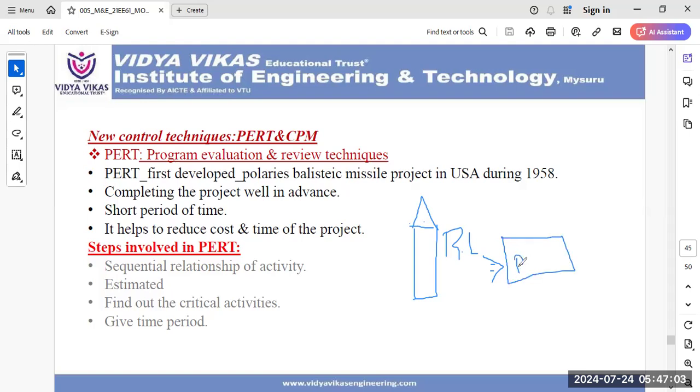Then everyone will ask about time: how much time will you take to complete this project?